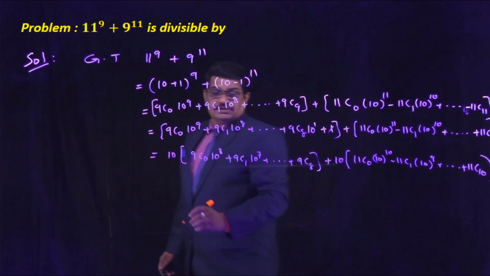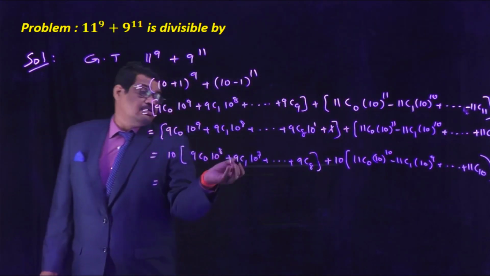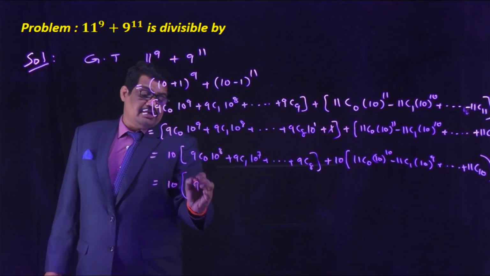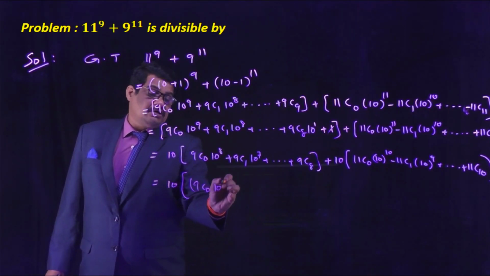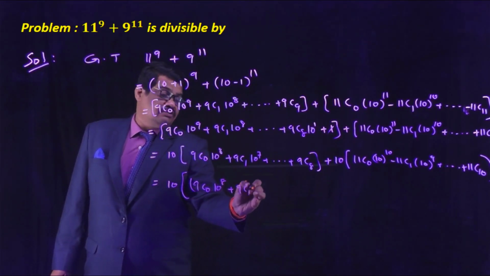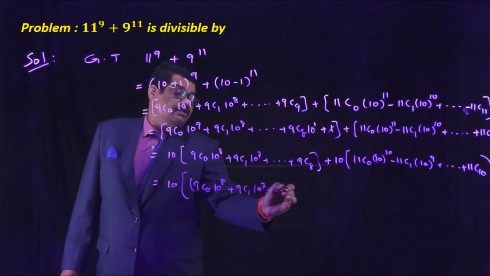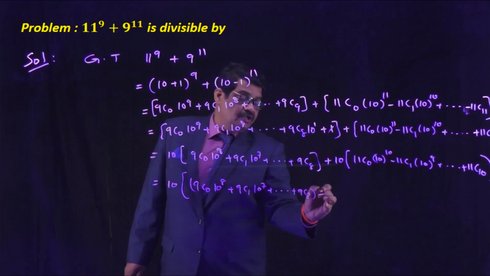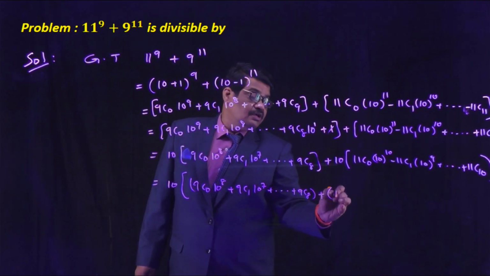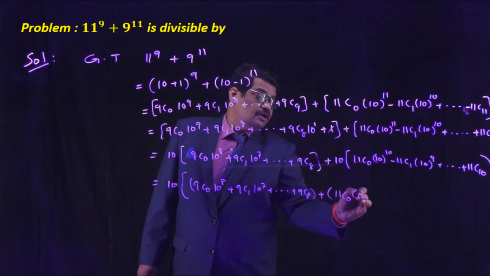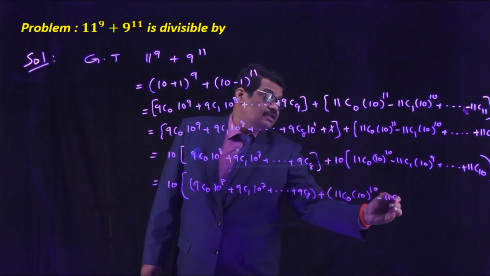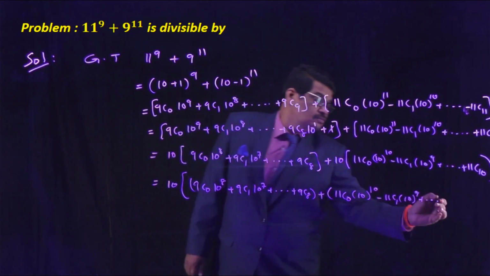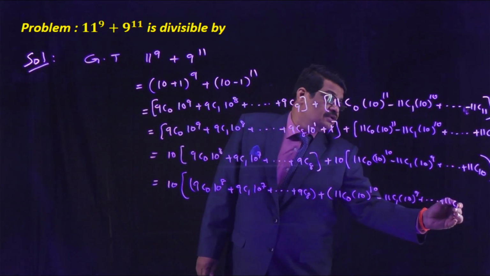Okay, so in both the terms 10 is common. Then we are getting 9c0 10 power 8 plus 9c1 10 to the power of 7 and so on, 9c8, plus here also 10 is common, 11c0 10 to the power of 10 minus 11c1 10 to the power of 9 and so on plus 11c10.